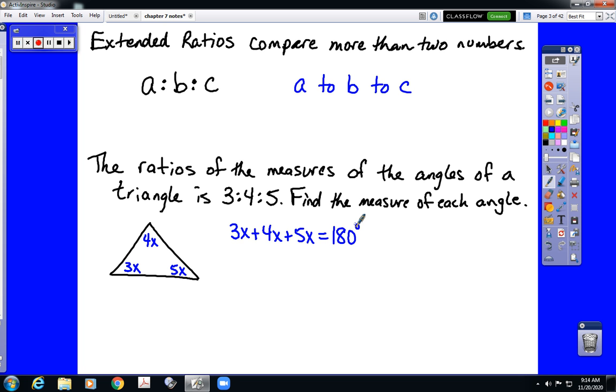Setting up this equation allows you to solve for x. So add together your like terms. 3x plus 4x plus 5x is 12x equals 180. And then divide by 12, which gives us that x equals 15.